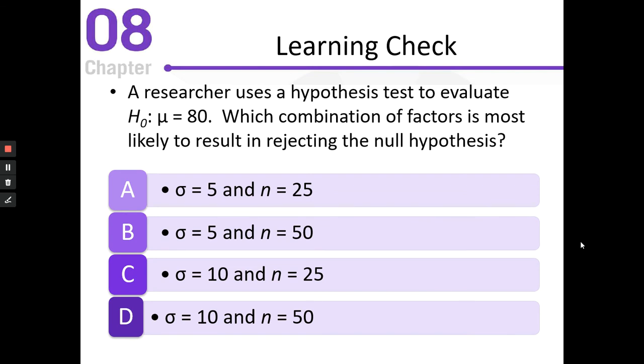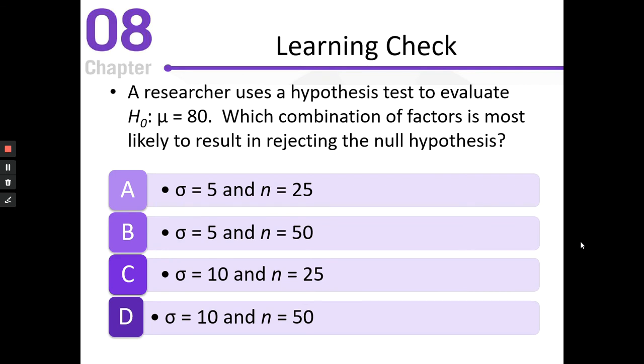So by rejecting the null hypothesis, it means that we find an effect. So our IV is having an effect. Our medication decreased depression, alcohol increased attraction. So what combination leads to the best chances of us rejecting a null hypothesis and finding an effect of our IV?